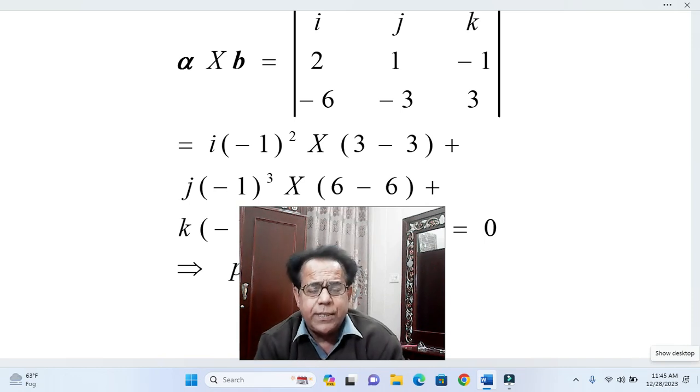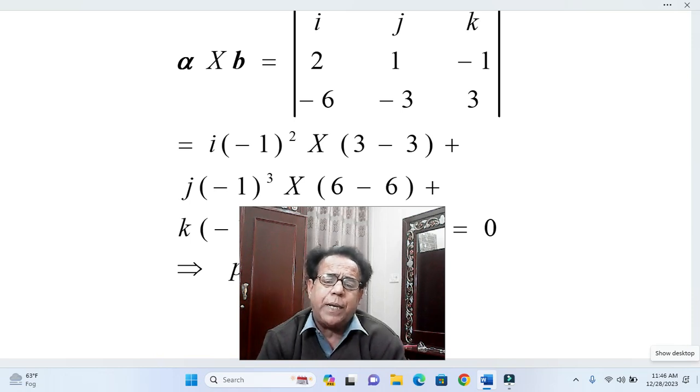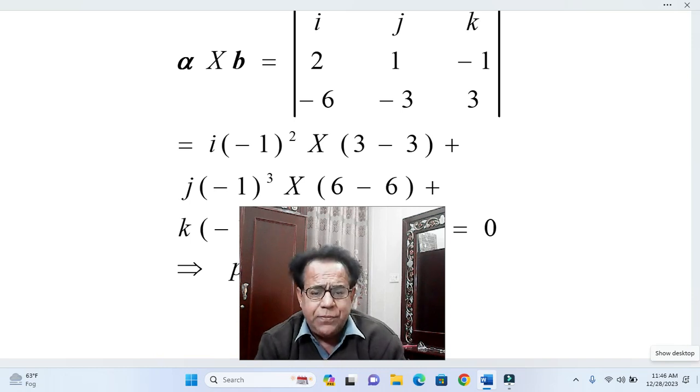Because i is occurring in the first row and first column, minus 1 to the power 1 plus 1 is plus 1, while j is occurring in the first row but second column, so minus 1 raised to the power 3 becomes minus 1, and k is occurring in the first row and third column, so minus 1 raised to the power 1 plus 3 equal to 4, an even power of minus 1, becomes plus 1. That is to say, with i we take the plus sign, with j the minus sign, and with k the plus sign.